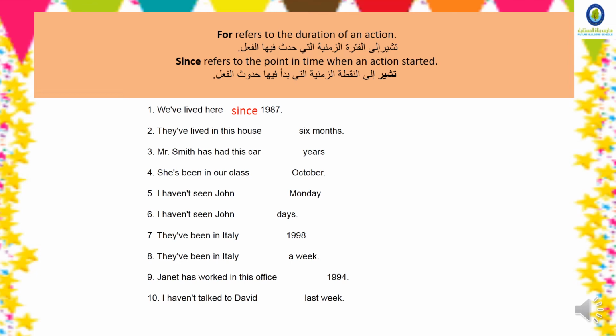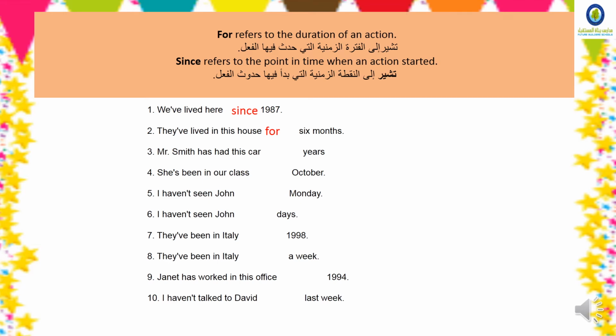Okay. Number 2, they've lived in this house 6 months 6 شهور, so we should use for وليس منذ. هي for duration طول المدة، قد صار لهم 6 أشهر. لو قلت لك من أي شهر، من شهر واحد okay مثلا.